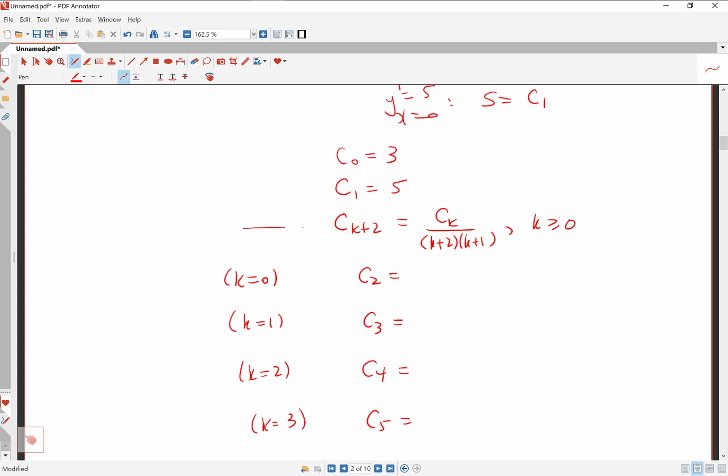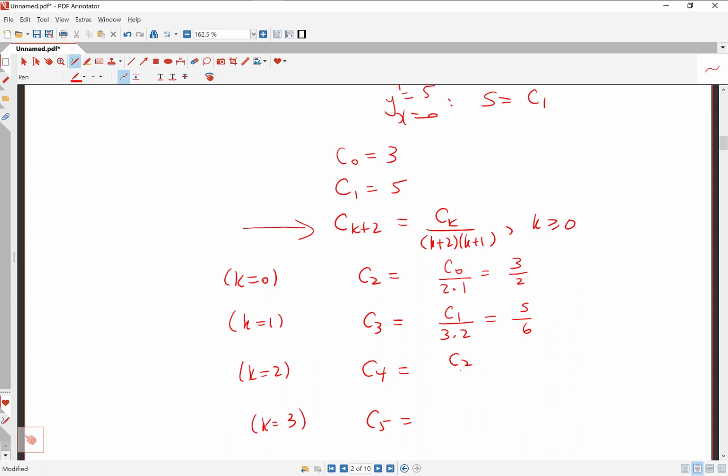Plugging into our recurrence relation, k equals 0 tells us that c2 is equal to c0 divided by 2 times 1. c0 is 3, so we've got 3/2 for the c2 value. c3, according to the recurrence relation, is c1 over 3 times 2. c1 is 5, so that would be 5 over 6.